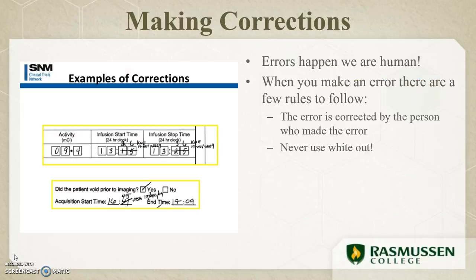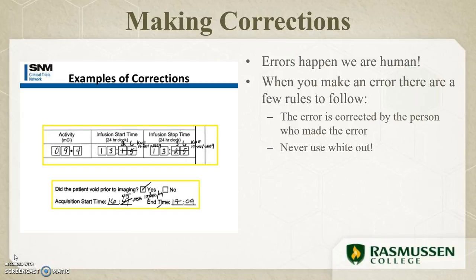Now, we're all human and errors happen, right? But when you're making a correction in the medical record, you always want to make sure that it is done by the individual who made it. So if you find an error that somebody else made, you cannot correct it. First and foremost, you never erase an error and you never get to use whiteout. That no longer exists in your world.